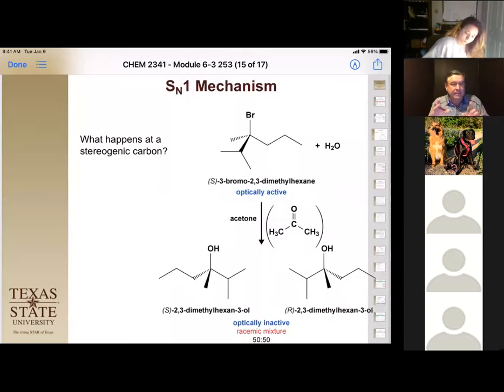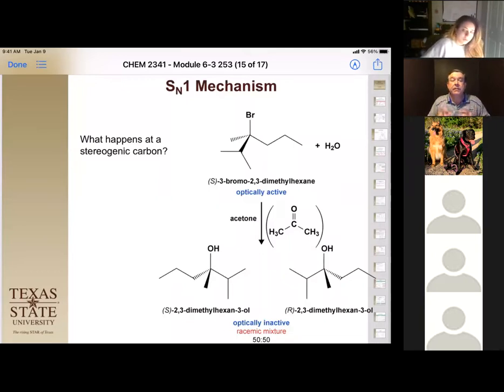But remember, that's different than Sn2. In Sn2, we get inversion of stereocenter, flipping that umbrella back the other way. We get inversion of stereocenter, and so we still have optical activity in an Sn2 reaction. So this is actually one way to probe whether your mechanism is Sn1 or Sn2. You look for the amount of optical activity at the end of the reaction.